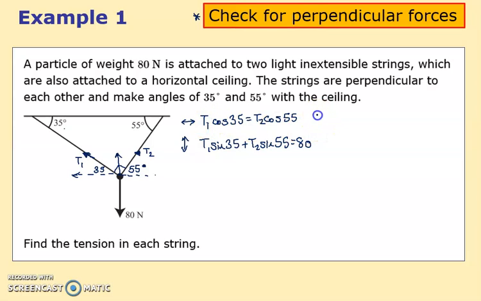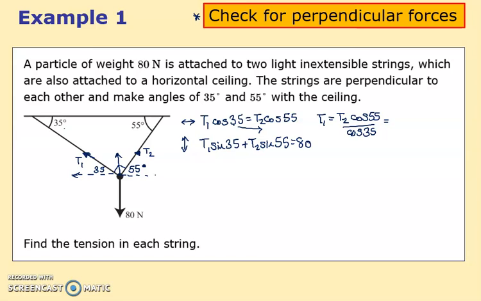So I'm going to set T1 equal to T2, and you'll notice that moves over, and I get T2 cos 55 divided by cos 35. And I can actually work that out, cos 55 divided by cos 35. It won't be the prettiest method of doing it, but it will perhaps be more understandable.